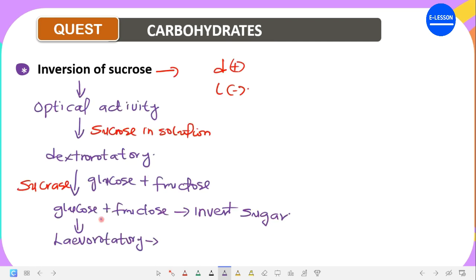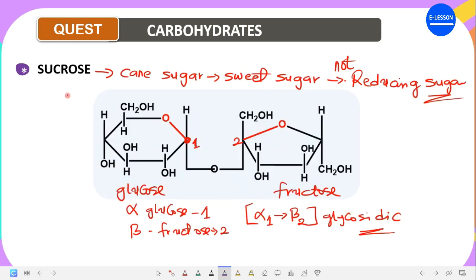Sucrose is also used to sweeten food. It's mostly used as a sweetener. Why? Because it's what we call sweet sugar. Sucrose is used as a sweetener in most pharmaceutical products and even in food. For instance, most of the syrups we take contain sucrose, 66.6% sucrose.